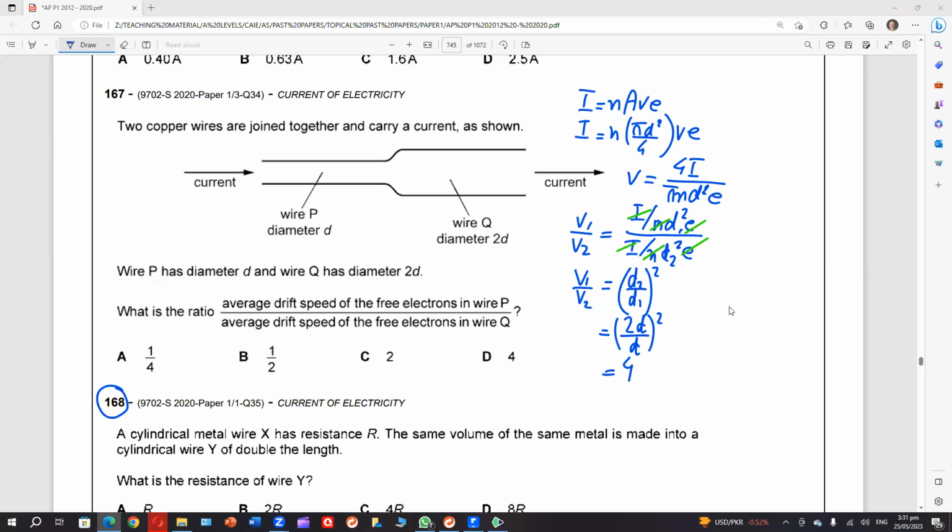Can you hear me? Yes, I can hear you. Yes, I'm getting the same, 2 over 1 whole squared. Right.